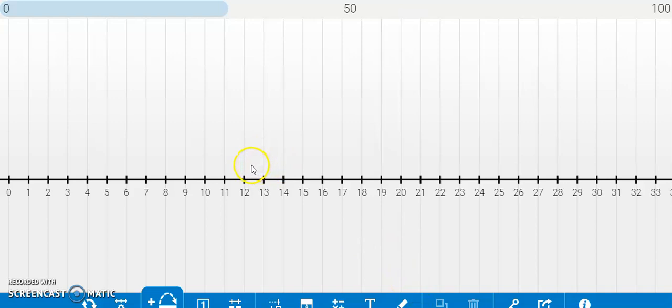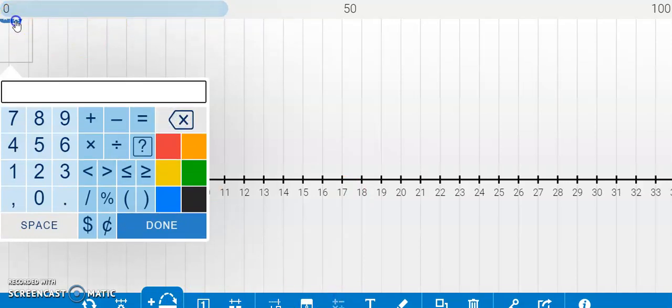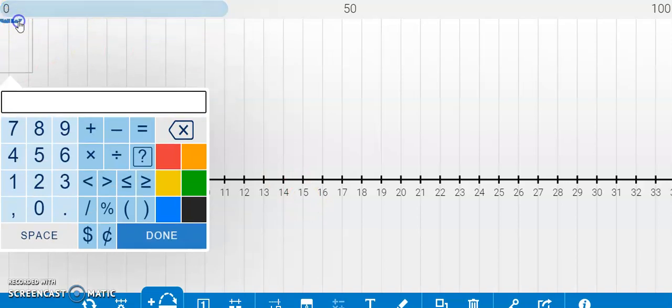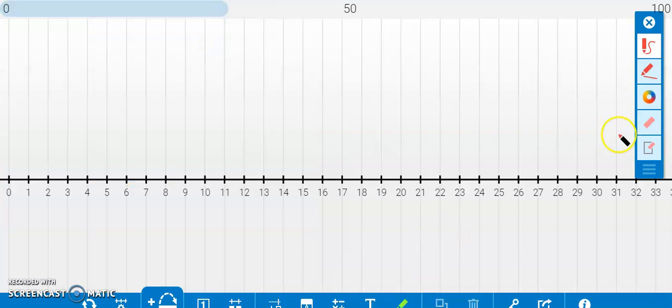So let's go ahead and try to find some numbers here on the number line. Let's go ahead and try to find the number 43. Okay.